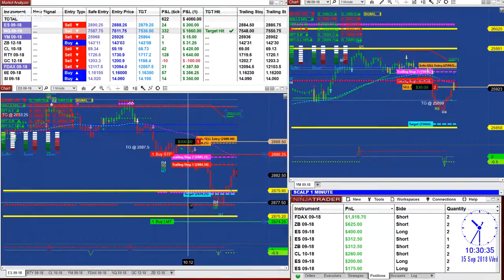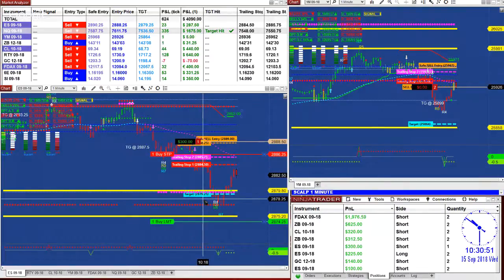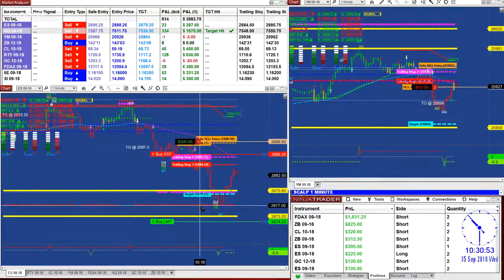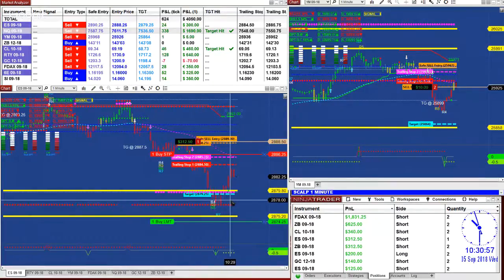This is an example. If you were using the fully automated, you would have gotten out of that trade with around $400. But if you were a little bit patient and using the ATM, when the market gave you a new target, followed by a support line, right here, you nailed 1,000.